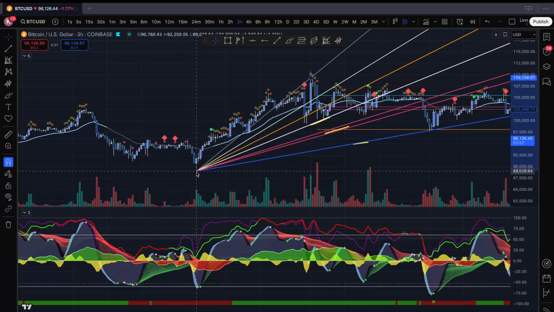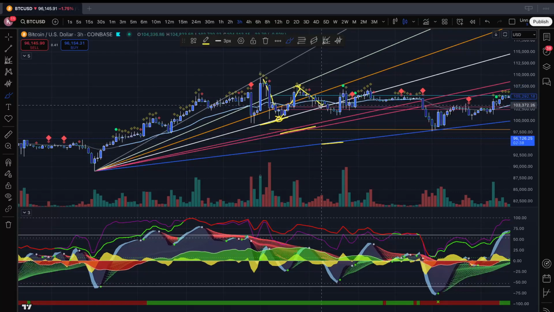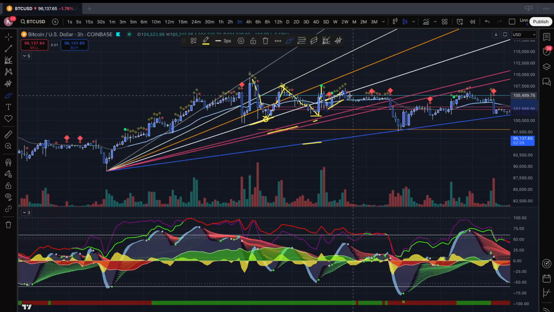So let's go here, and as you can see, after we pull it, we come down here. We have a perfect bounce off of this level over here. We come up almost perfectly to this one, and then we get a breakdown again. We come over here, we break past that, we come almost to this golden pocket on the fan, and then we continue going higher, following it here, and then just ranging sideways till we break down again.